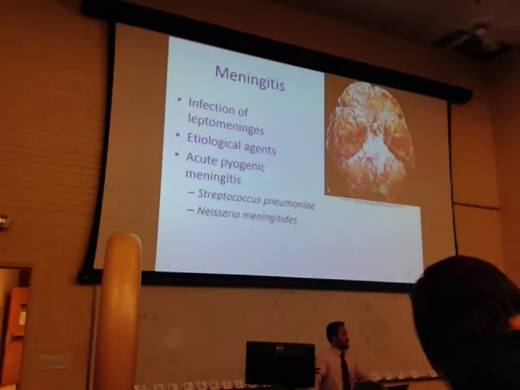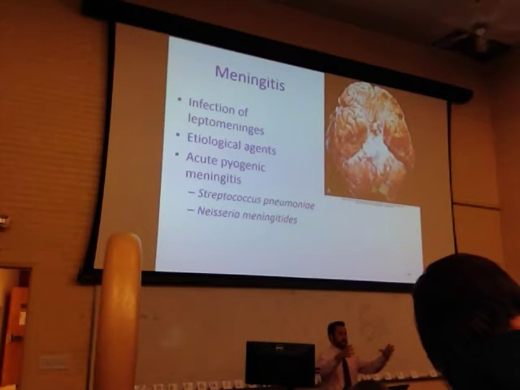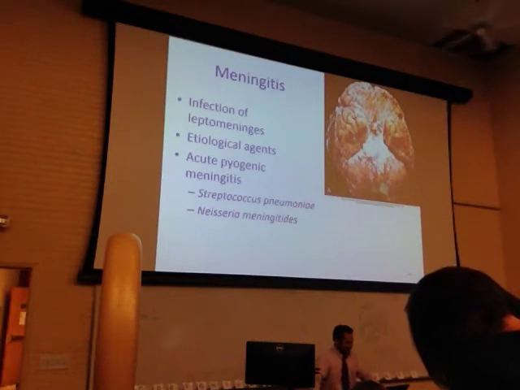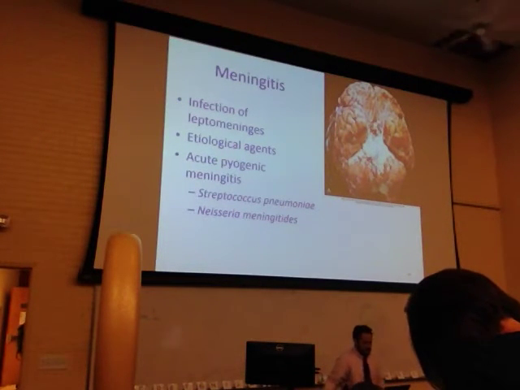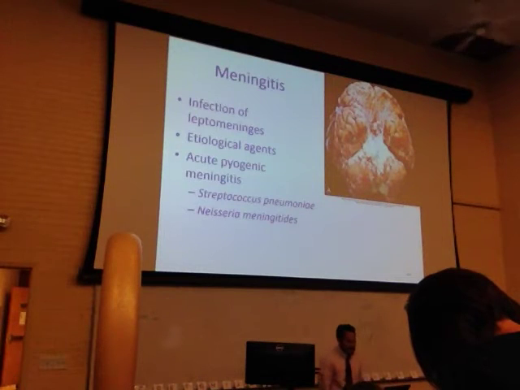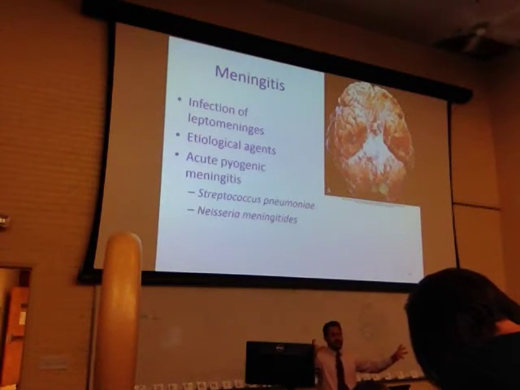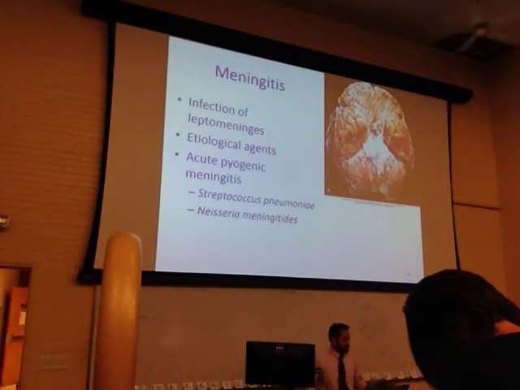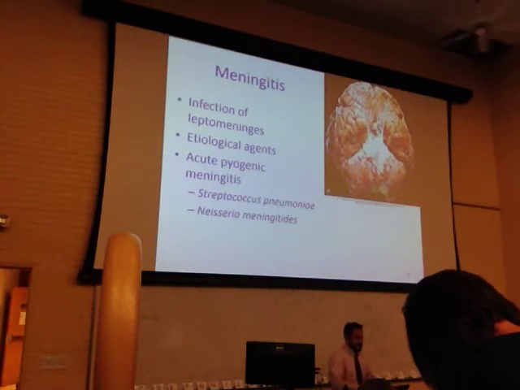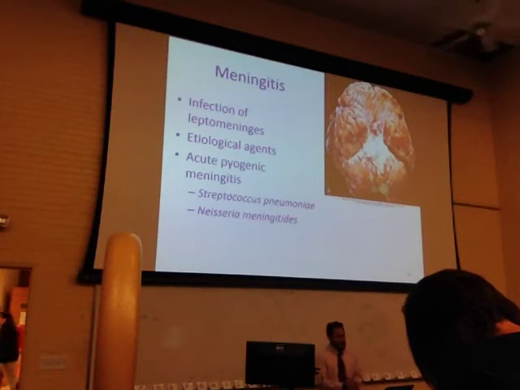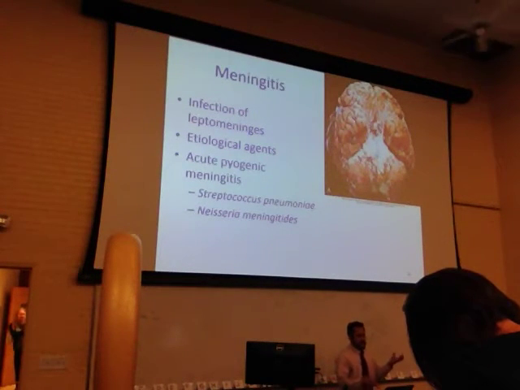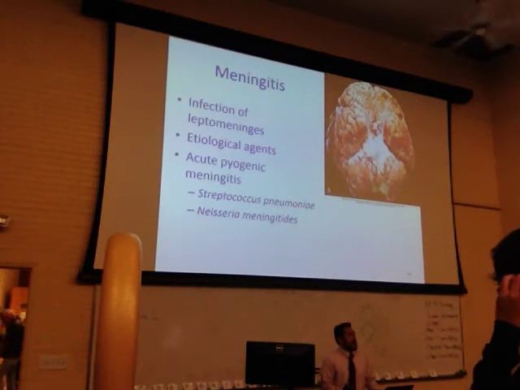Okay? So writing that sentence, I just put myself in with you guys. So college age, middle age is Neisseria meningitis, and Streptococcus is pediatric and geriatric. All right? This is an infection of the leptomeninges. The leptomeninges is the combination of the space of the dura mater and the subarachnoid mater.